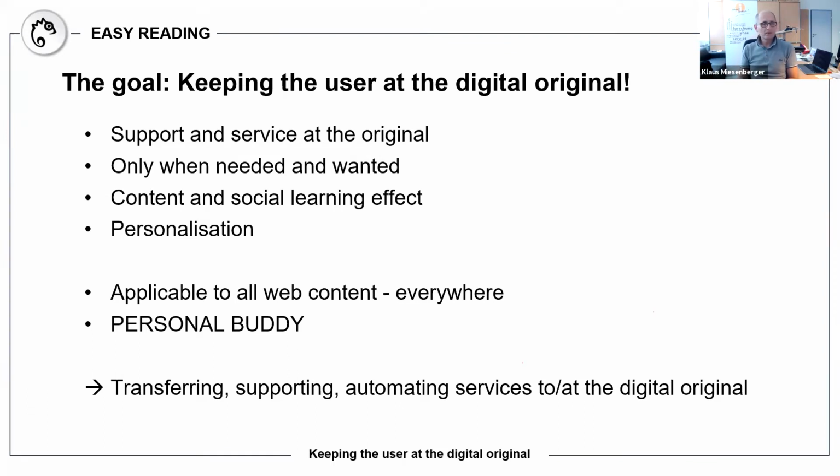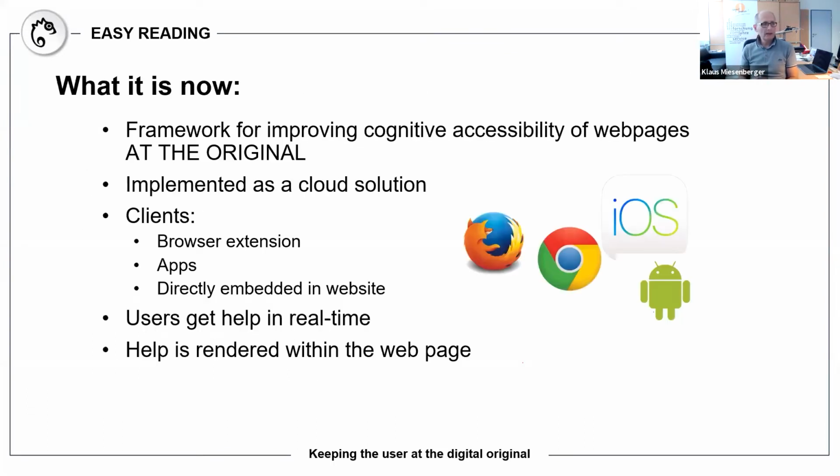And this made us start to develop the tool, and what we have is a framework which allows us to improve cognitive accessibility of web pages at the original and implement it as a cloud solution, so it can be used as a cloud service in real time at any web page which you are using. The clients are, you can have it as a browser extension.